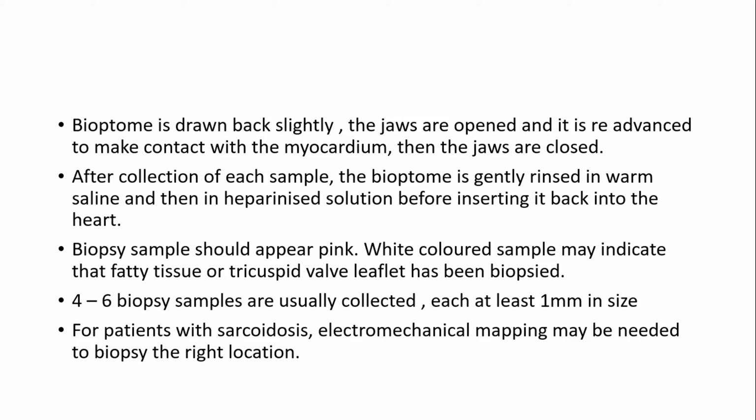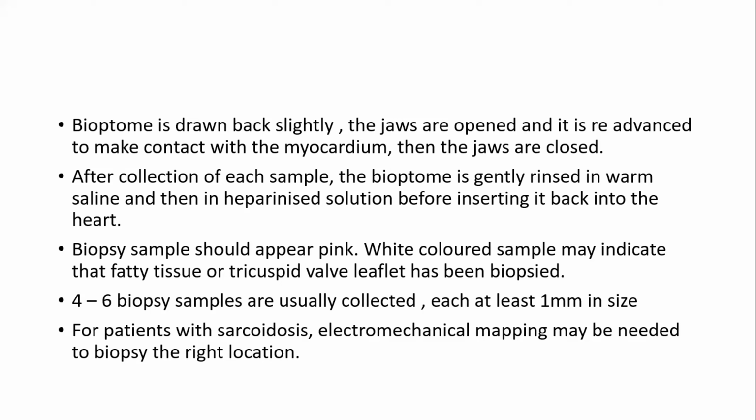In collecting the biopsy sample, we expect that the biopsy sample should be pink, because that's what the myocardium is expected to look like. So if you see a white colored sample, it means that we have biopsied fatty tissue or a tricuspid valve leaflet. Additionally, for each biopsy procedure, you take about 4 to 6 samples, and each of these samples should measure at least 1 to 3 millimeters in size.